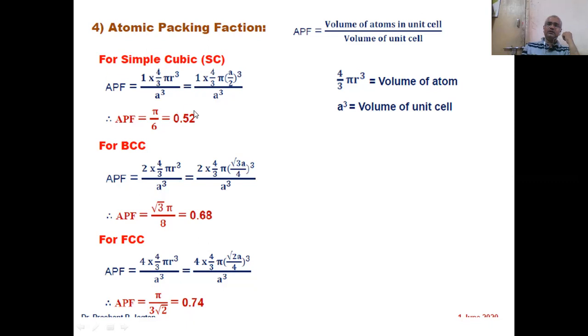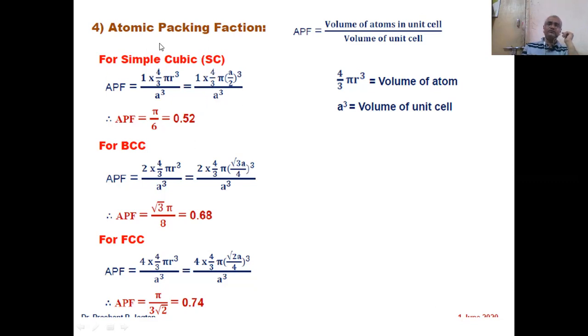Or in another case, the question may be like this: show that the atomic packing fraction for simple cubic, body centered cubic, and face centered cubic are 0.52, 0.68, and 0.74 respectively. So like this questions are asked in the examination. This is a very important topic from the examination point of view.